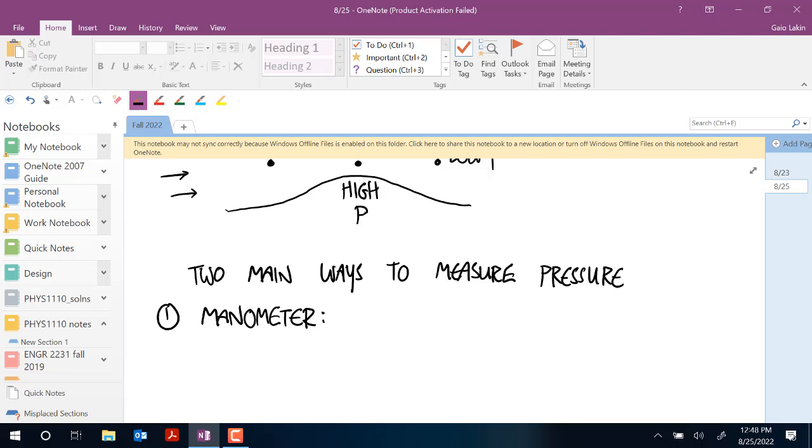Okay, so a manometer measures the pressure inside an enclosure.